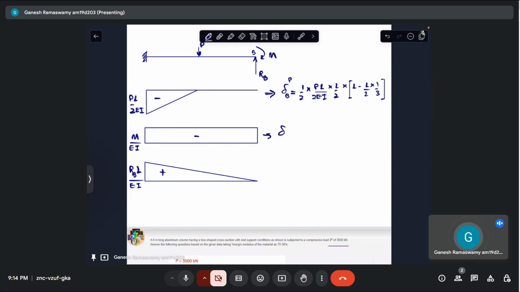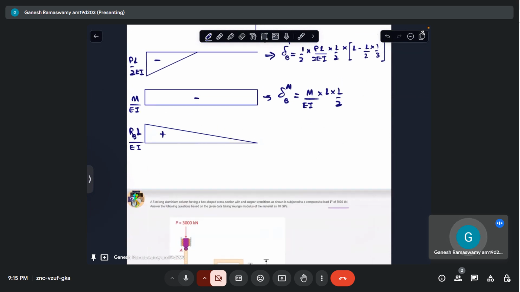Now deflection at B due to M is area of this, moment of area of that about this distance, which is nothing but M by EI into L by 2. That's about it.